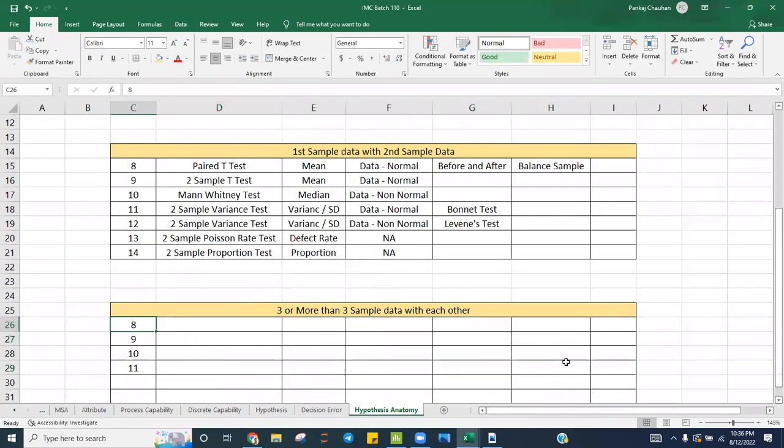First and foremost, we will be doing the test of equal variance.